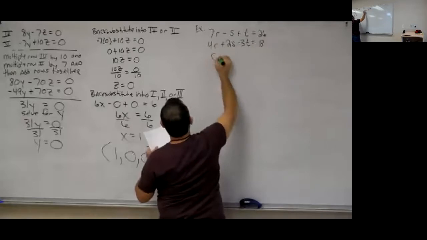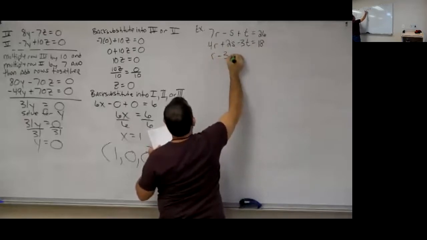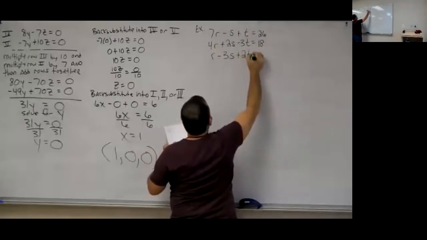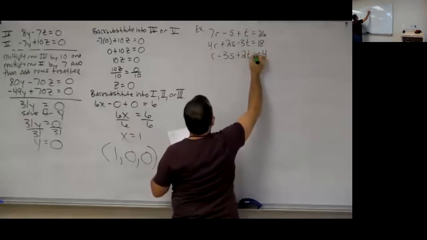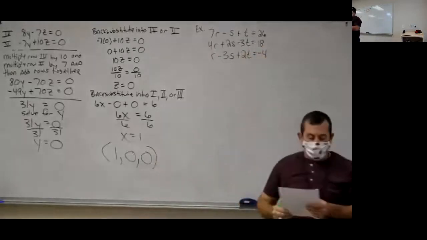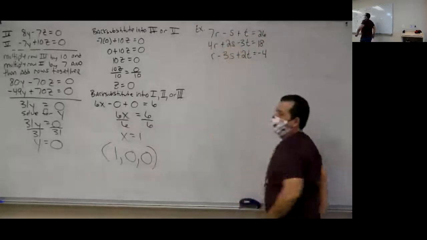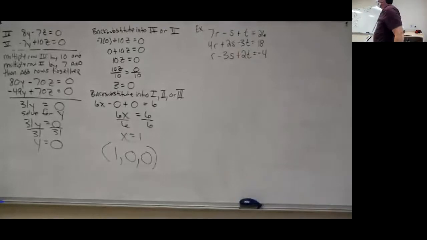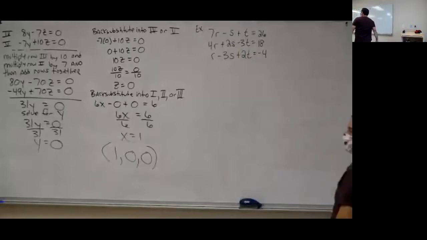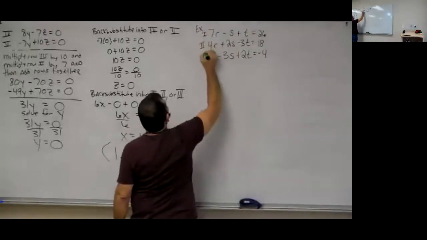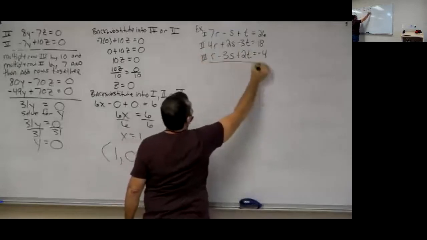And then R minus 3S plus 2T is going to equal negative 4. So this row is all S's. That's the only thing about math when you start using different letters, like O's or zeros, or S's or 5s. So here we go. We got row 1, row 2, and row 3.